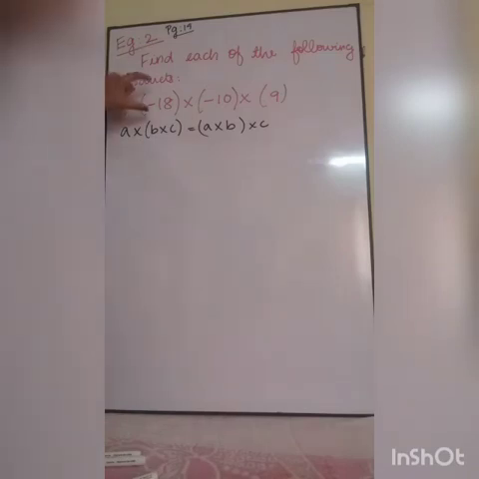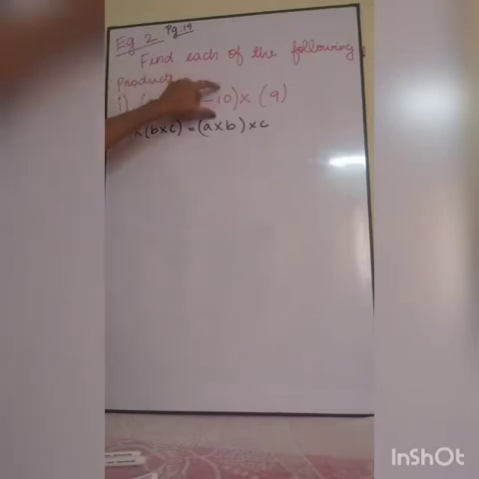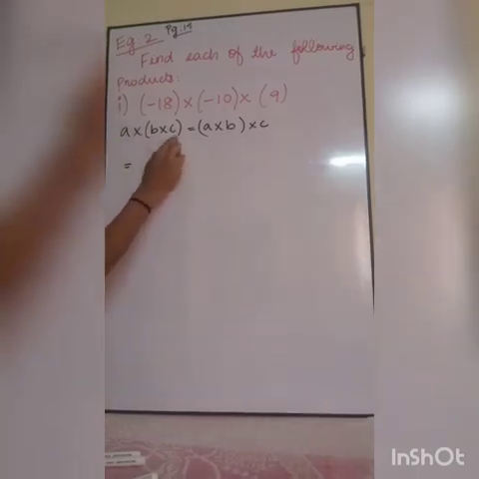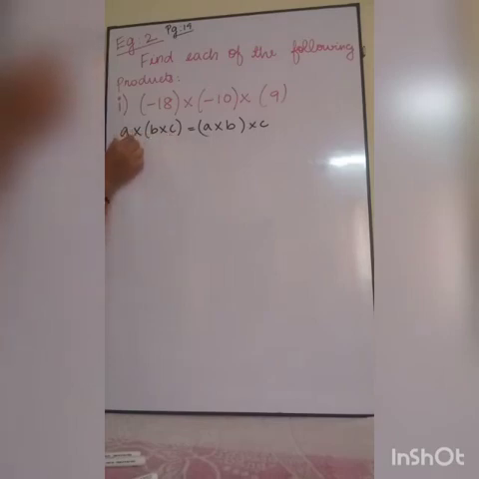The integers are minus 18, minus 10, and 9. The actual meaning is that after multiplying 2 of the integers, with that answer you will multiply the remaining one. Here we multiply B into C first, and with that answer multiply with A.